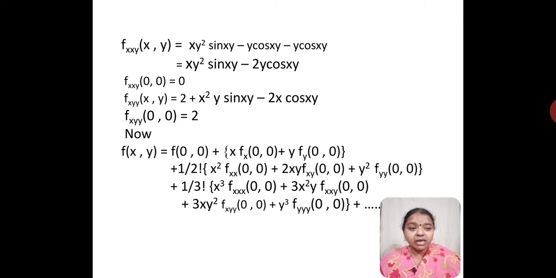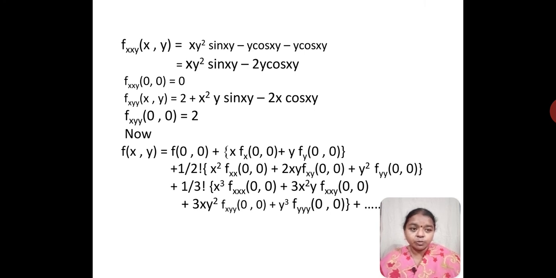Now let us write down the formula for Maclaurin series of third degree. You get f of x comma y is equal to f of 0 comma 0 plus x into fx of 0 comma 0 plus y into fy of 0 comma 0 plus, this is second order term, 1 by 2 factorial into x square f double x of 0 comma 0 plus 2xy fxy of 0 comma 0 plus y square f double y of 0 comma 0.